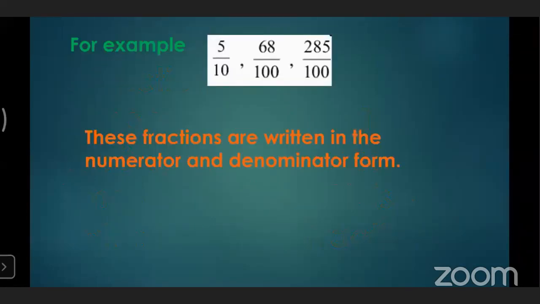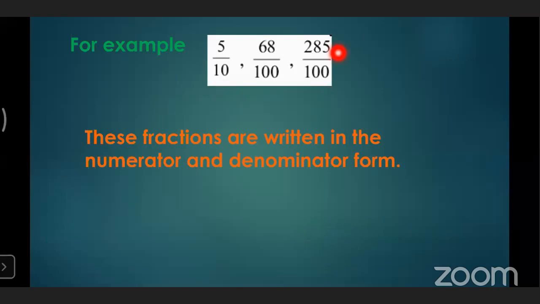Now just see examples. Can you read this first example? 5 upon 10. Very good. Now which number is at the denominator place? 10. Very good. Now observe the second example. 68 upon 100. Now 100 is at the denominator place. Now read the next fraction. 285 upon 100.